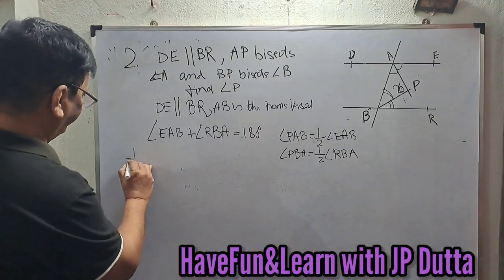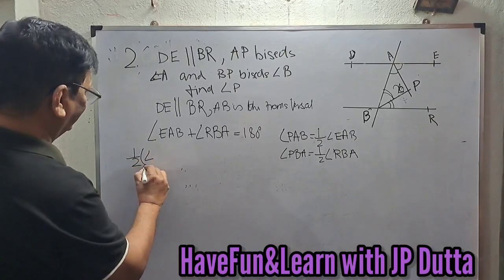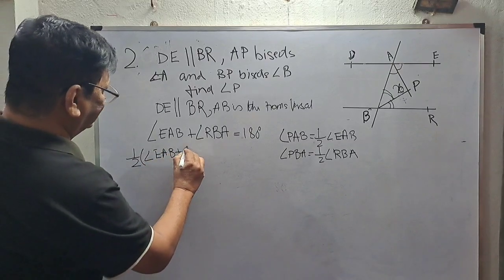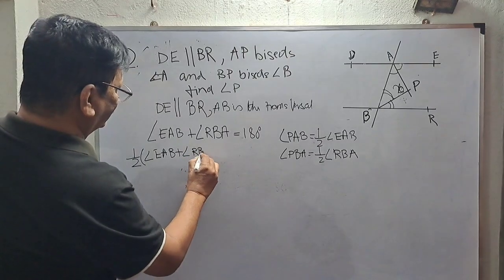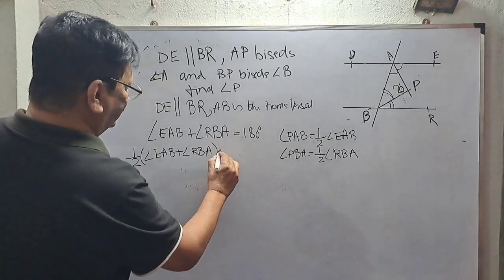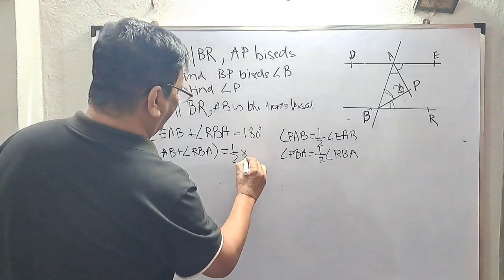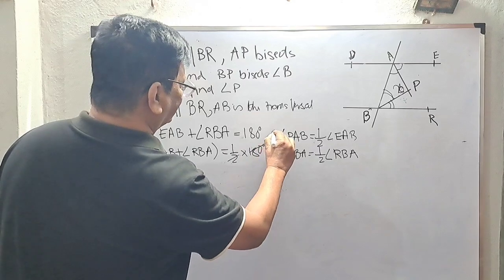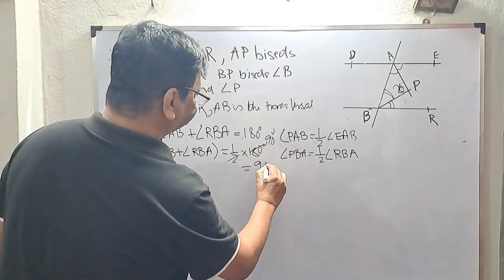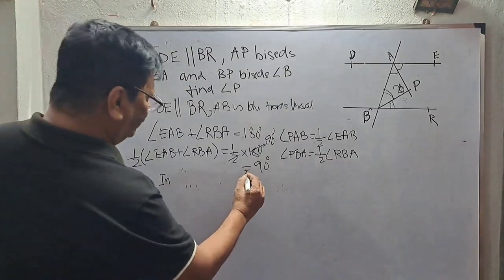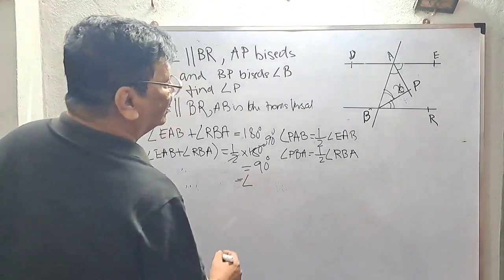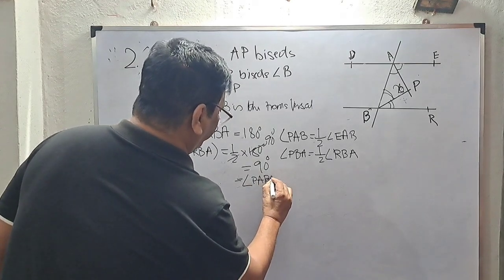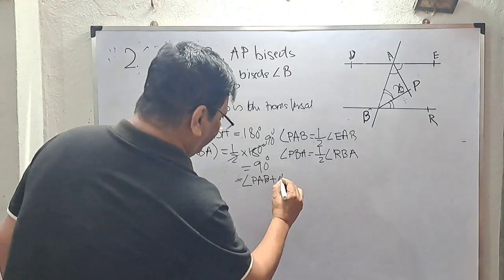So half angle EAB plus angle RBA is equal to half into 180. That gives us 90 degree. Right? So that will be equal to angle PAB plus angle PBA.